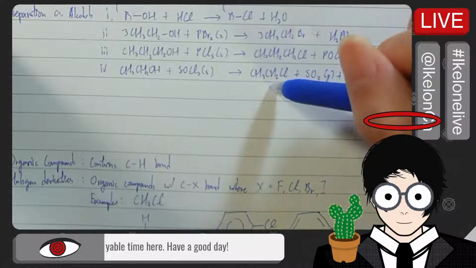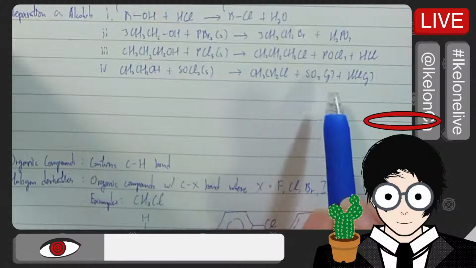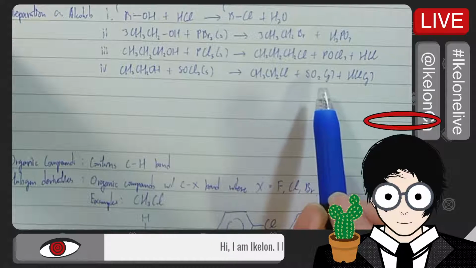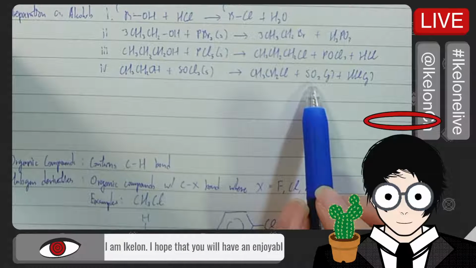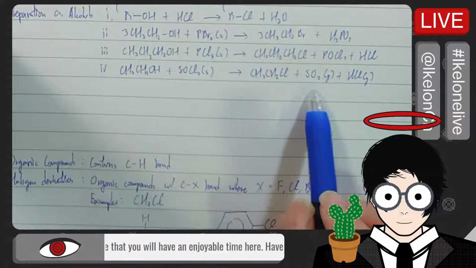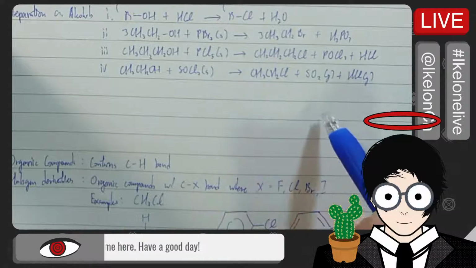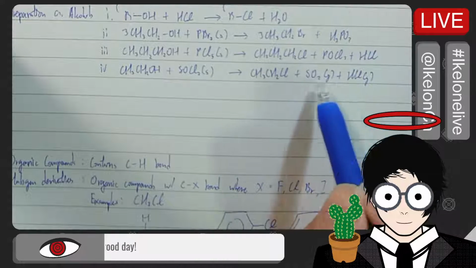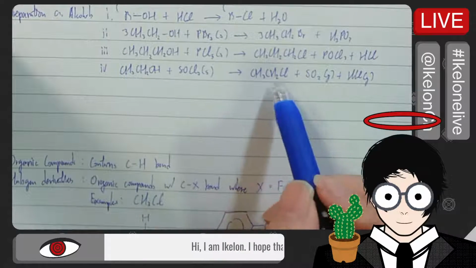But this is super easy because our product is this thing, and sulfur dioxide and hydrogen chloride, and both of them are gas, which means after the reaction, these two will escape into the atmosphere, just poof, disappear, and you're left with this.